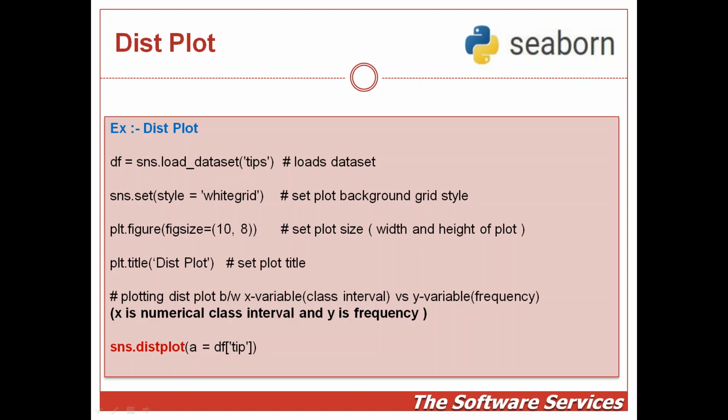So we will discuss the dist plot, that means the distribution plot, in this class. So let us see the code. The distribution plot is a type of distribution plot, friends. The condition is that we have to give numerical data to the plot.